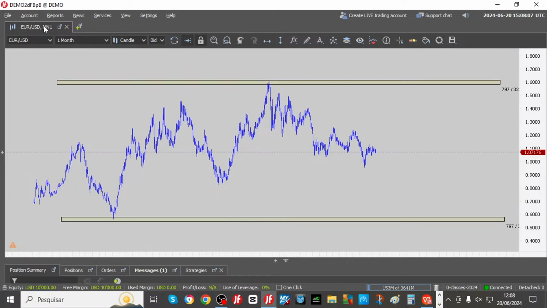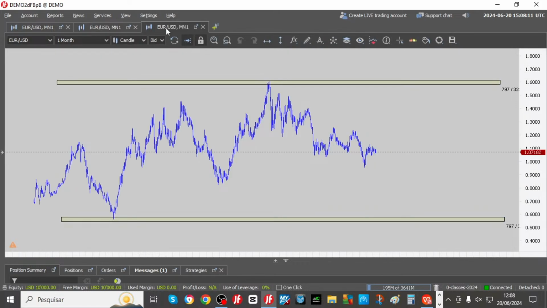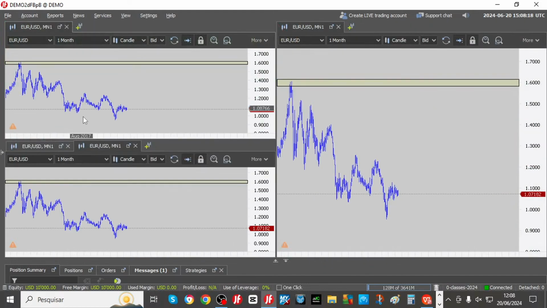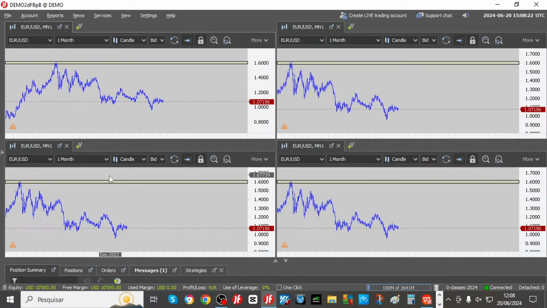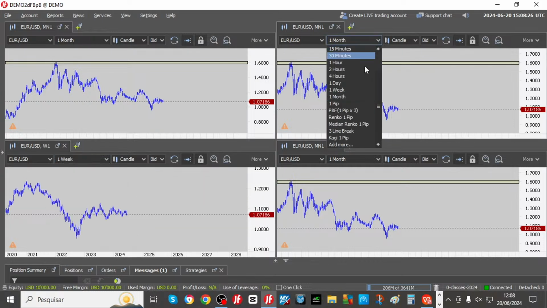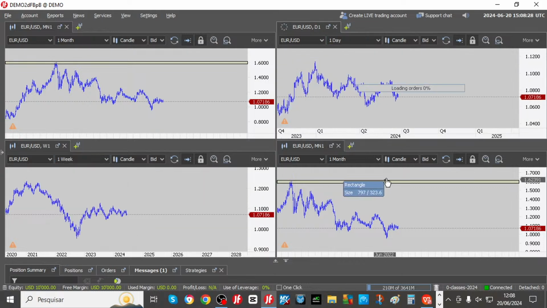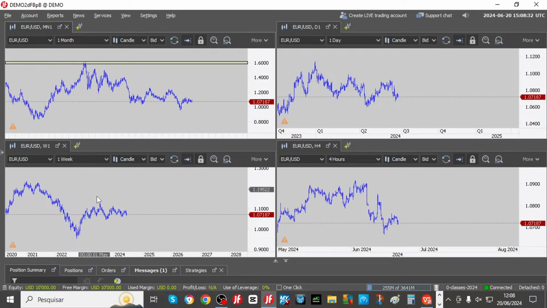Now I'm going to clone and clone and clone. So your charting software, whatever you're using, TradingView or Forex, you should have the 4 time frames. You should have the monthly, the weekly, the daily, and the 4 hour chart.